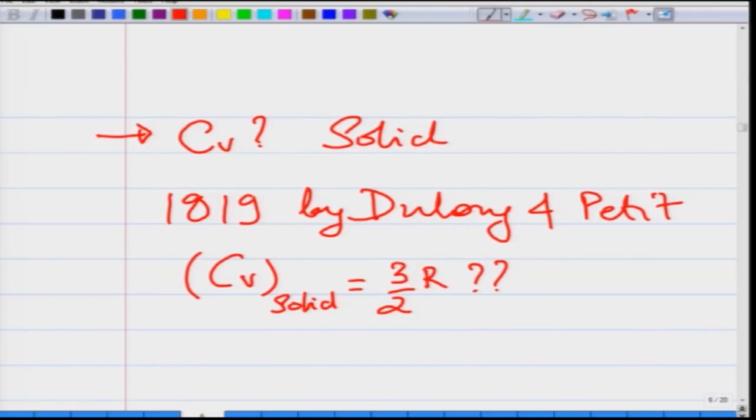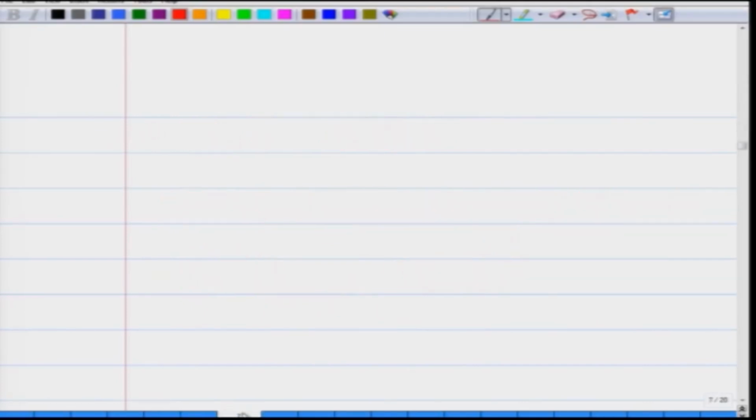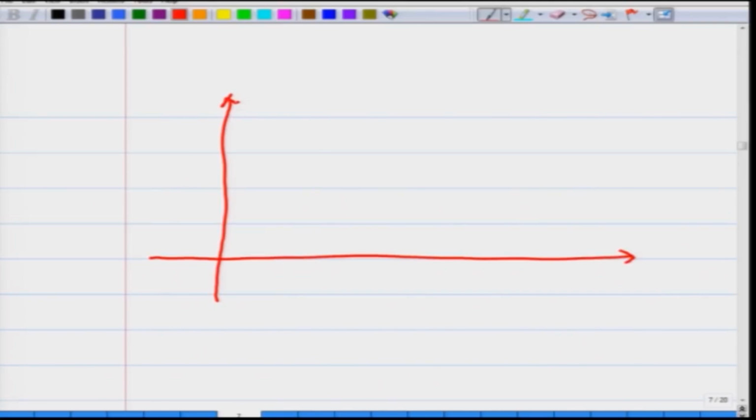So, they went about measuring the specific heat of the solid, and what did they observe? So, how do you measure specific heat? The experiment is a little tricky, but you take a solid and give a fixed amount of heat to the solid, say dq amount of heat, ensuring that all the heat enters into the solid and does not go elsewhere, so that whatever heat you have supplied goes into changing the temperature of the solid.